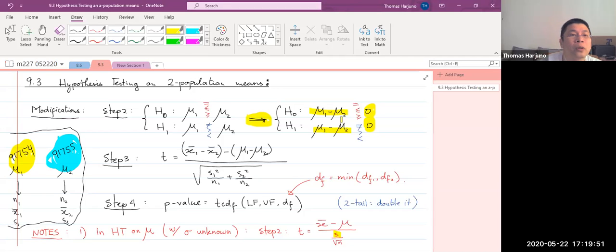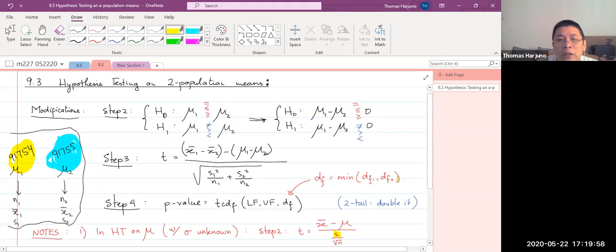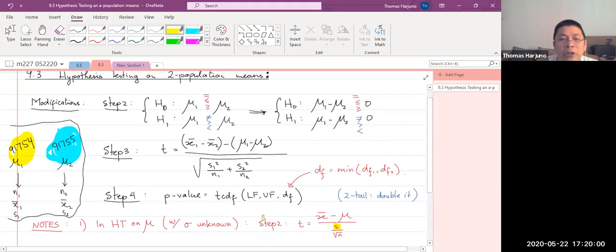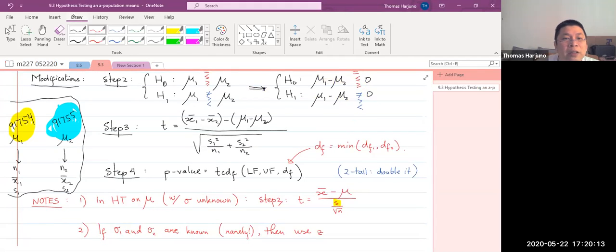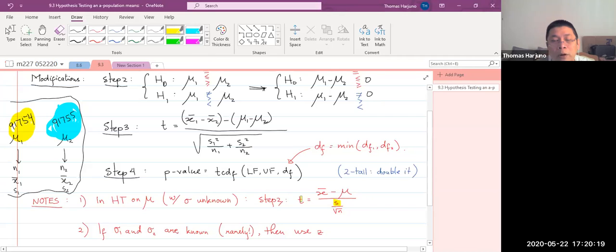Now, how about step 3? Our step 3 is actually coming from the modification of this. In our step 3, when we are testing mu in a single variable, single parameter, one parameter, this is the formula, right?